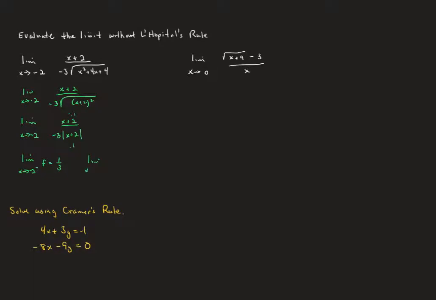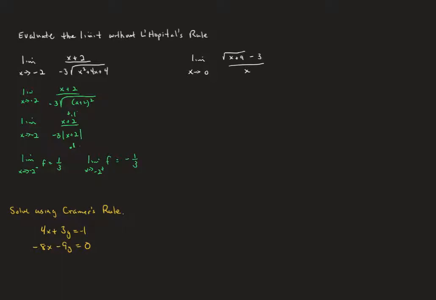The limit as we approach negative 2 from the right of this thing: now imagine we plug in something like negative 1.9. That would be a positive 0.1 in the numerator and also a positive 0.1 in the denominator, and the absolute value would still be positive 0.1. They would cancel and we would get a negative 1/3.